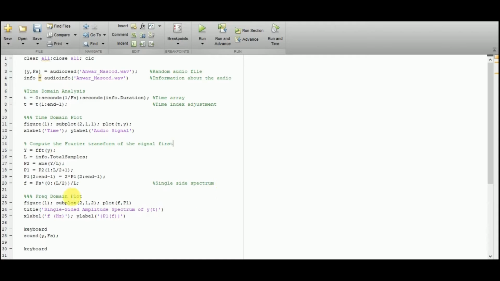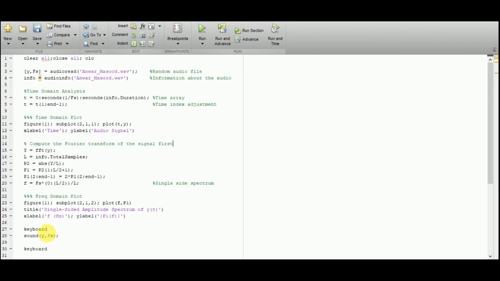And for that we would have the frequency domain plot, which is figure 1 again, and this is subplot 212, and I'm going to plot f, that is the single side spectrum, the right side spectrum, and P1, which is over here, right? So we have a time domain plot and a frequency domain plot.